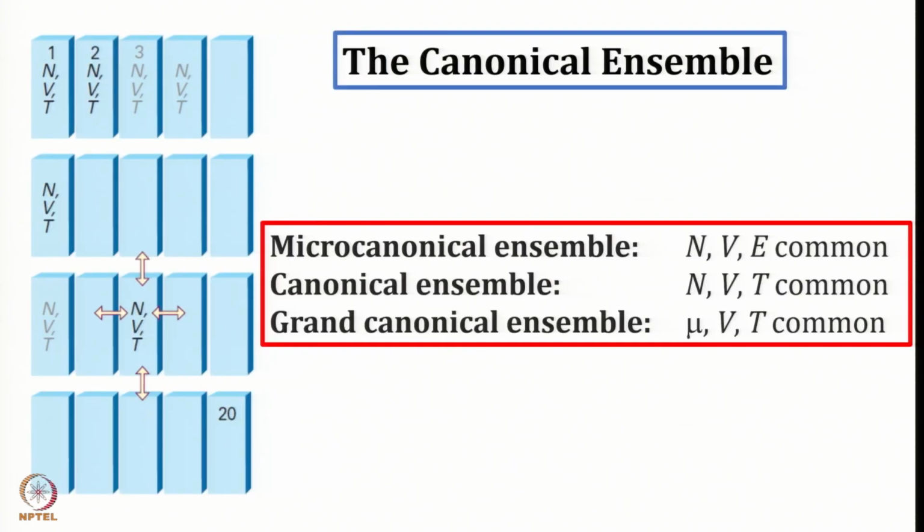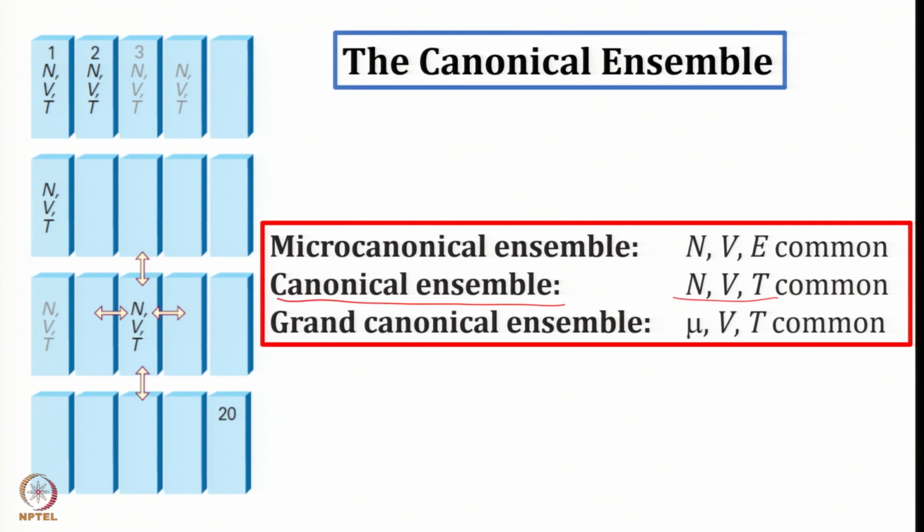All right. So, once we had the molecular partition function, remember that we started with independent molecules. We said that let us assume that they are not interacting with each other. And if they are not interacting with each other, you can consider NVT, which is the canonical ensemble.